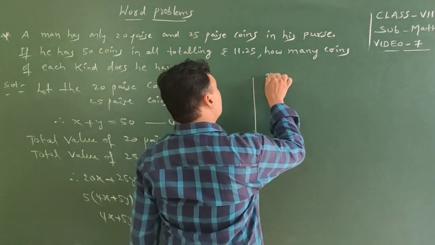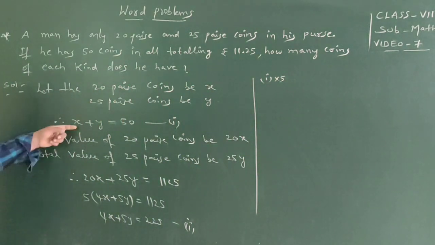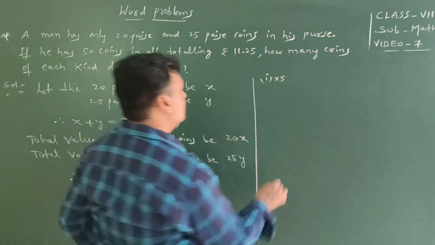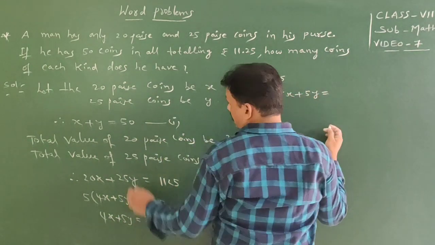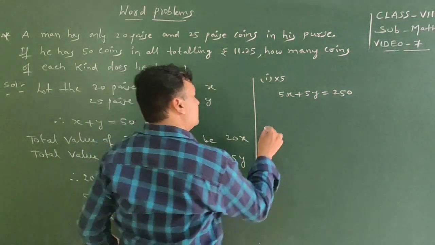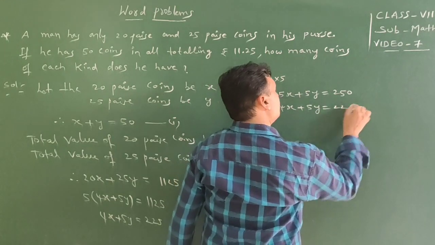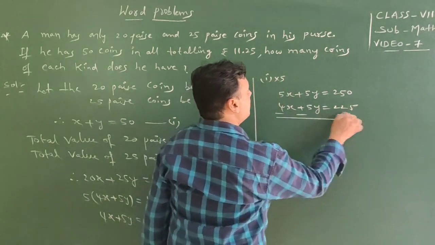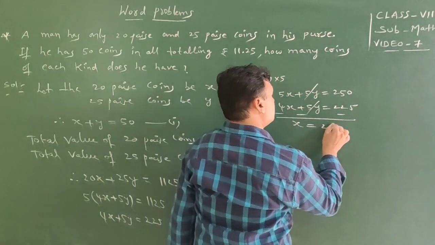So equation 1 be multiplied by 5. Here 5x plus 5y equal to 5 into 50 is 250. Here 4x plus 5y equal to 225. If you subtract, 5y get cancelled, x equal to 25.